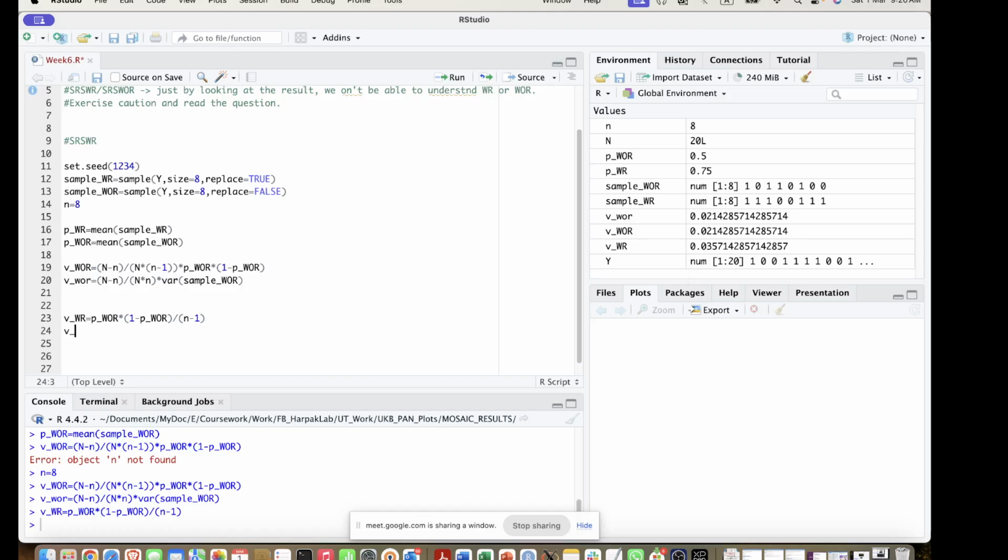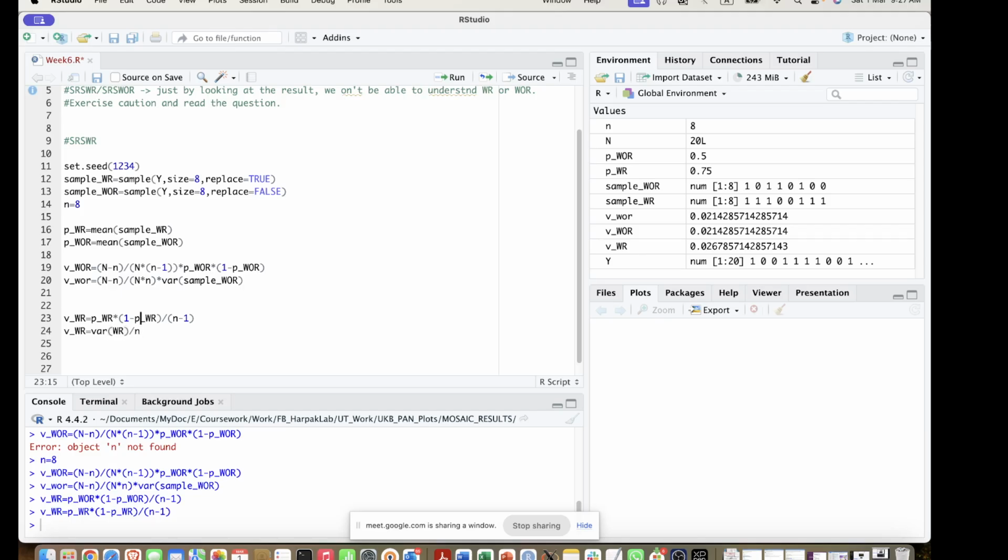And if I am doing this as variance of PWR, okay, so this will be WR, not WOR. So this will be variance of WR, S square by small n.